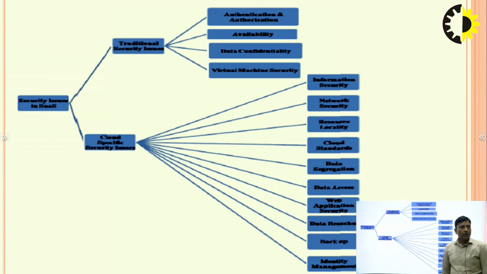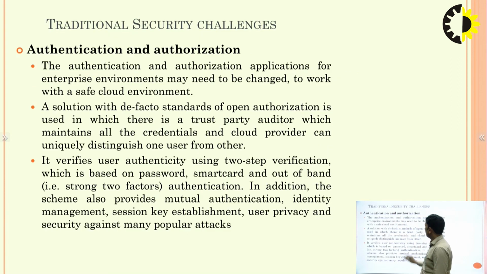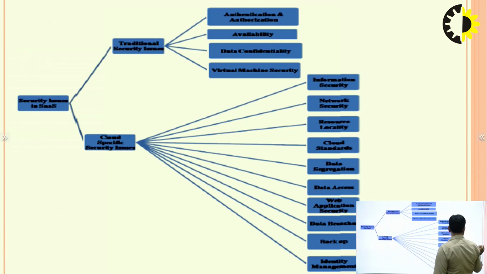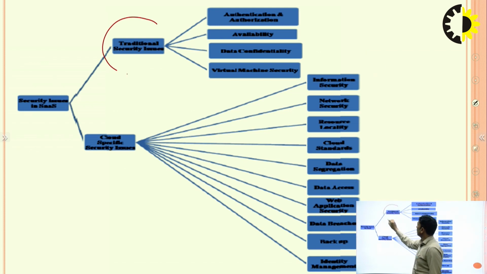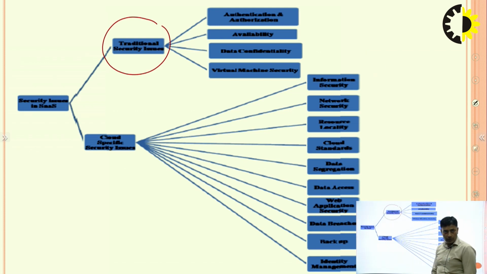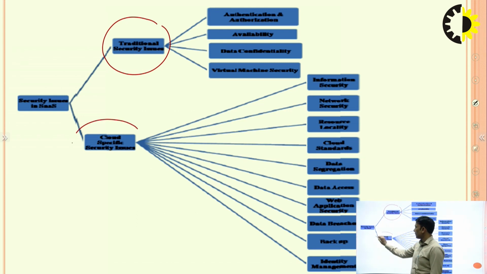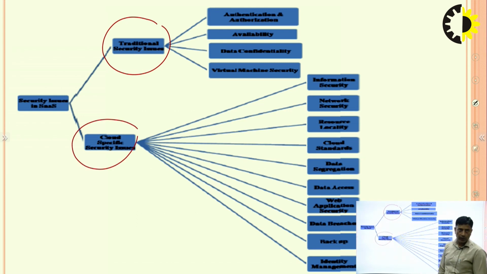When we talk about security in SaaS, it can be broadly categorized into 2 types: the traditional security issues, and the cloud specific security issues. So, we can analyze these security parameters and mechanisms in 2 categories.